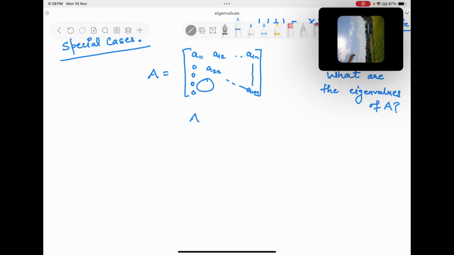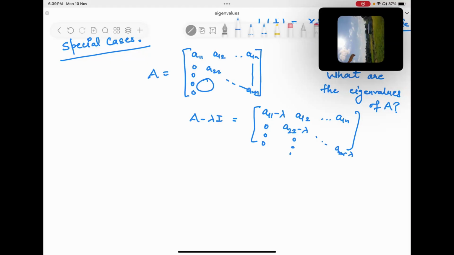To calculate A minus lambda I, it will be a11 minus lambda, a12, up to a1n. Similarly, the next rows will be 0, a22 minus lambda, and so on, with zeros below, and finally ann minus lambda.